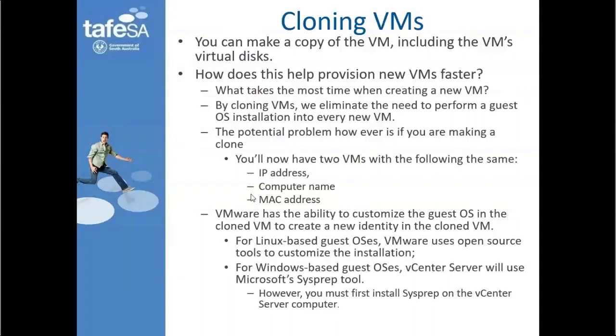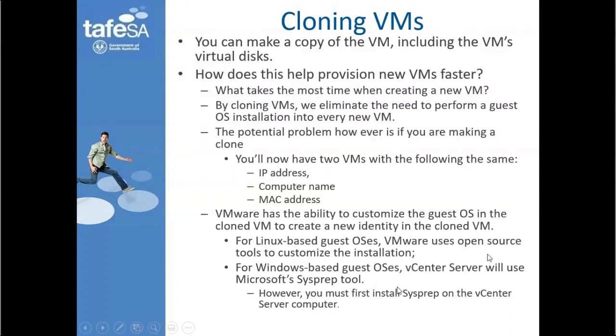We manually started the sysprep process on the Golden Master, and we took a snapshot at that point in time. But what this is saying is VMware vSphere has the ability to customize the guest operating system in the clone VM to create a new identity. For Linux-based guest OSs, VMware uses the open source tools to customize the installation.